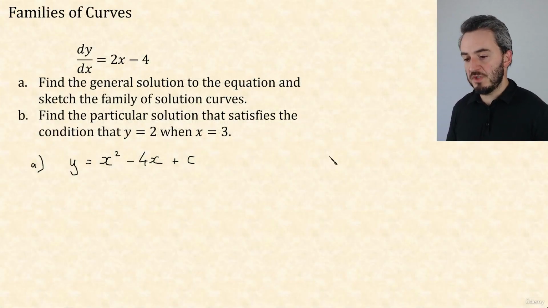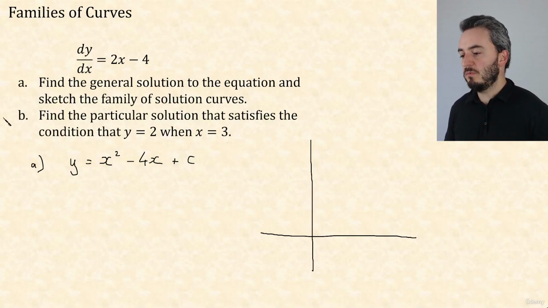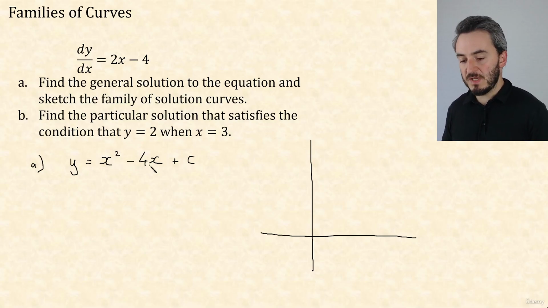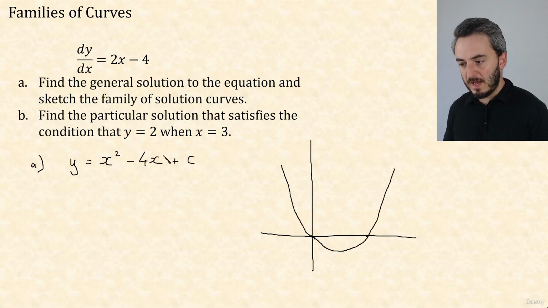So if I was sketching this myself, here's how I'd do it. I would say, well, y equals x squared minus 4x. What does that look like? That looks like a quadratic with a root at 0 and 4. So I'll draw that. And to show a family of curves, I just want to show a few others. As this c varies, it just slides this up and down.